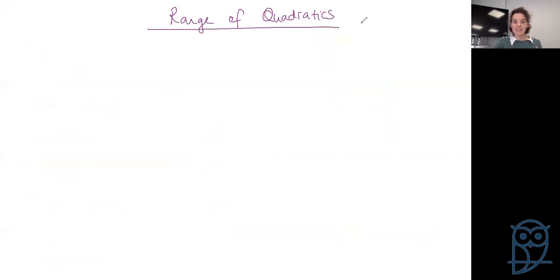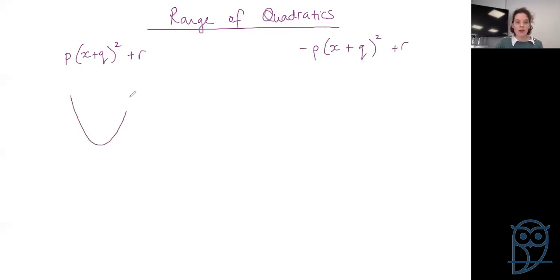If you have not learned how to complete the square yet, go back, revise it, get it sorted. So let us think of p(x + q) all squared plus r, and let us think of minus p(x + q) all squared plus r. So this first one, we would have a positive x squared, we would have a happy graph.